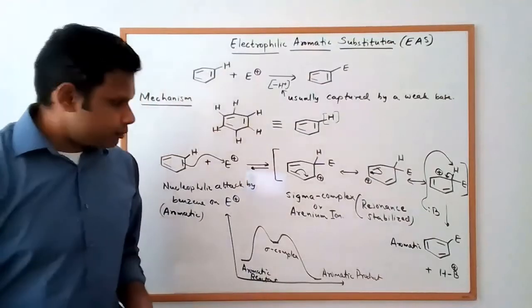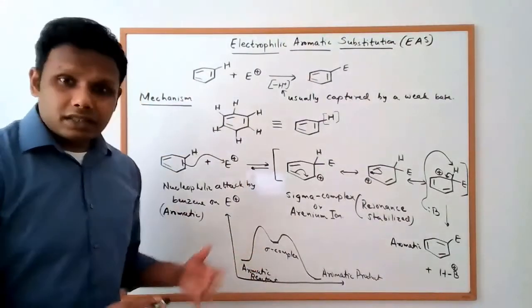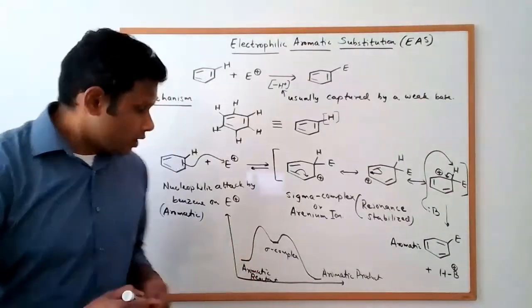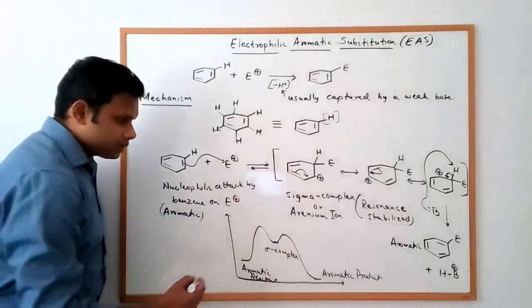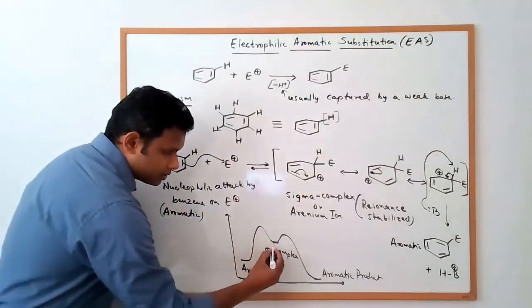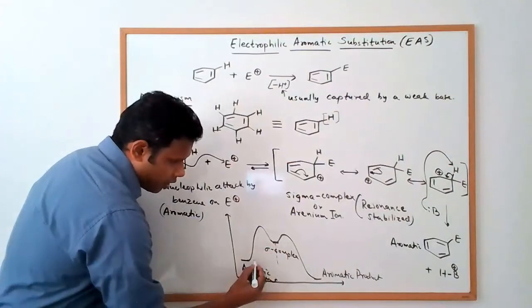So overall, what that means is the rate limiting step for this reaction, any electrophilic aromatic substitution, should be this first step when we make the sigma complex.